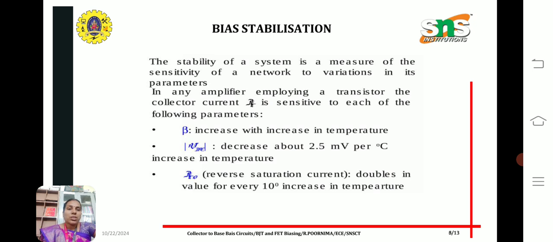So these are the changes of the values according to the temperature. And the reverse saturation current doubles in value for every 10 degree rise in temperature. When these values change, it affects the stability of the transistor circuit.